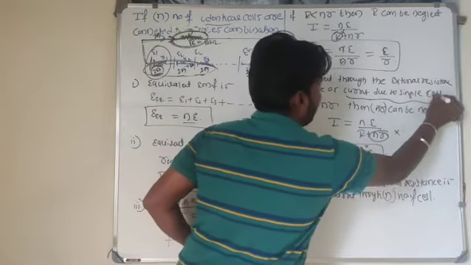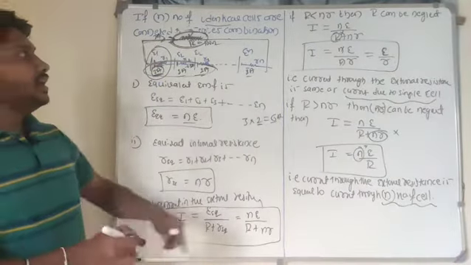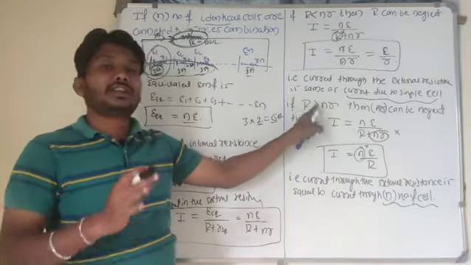Here current due to a single cell, here current due to N number of cells. So this is about when the external resistance is less and when the external resistance is more.